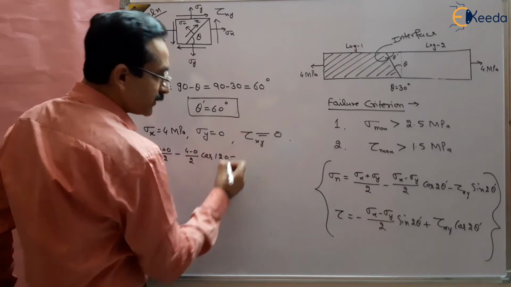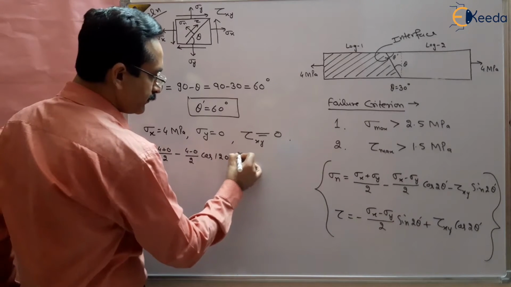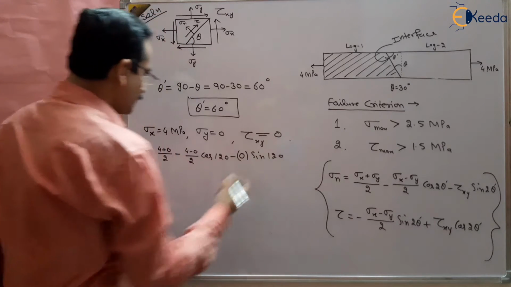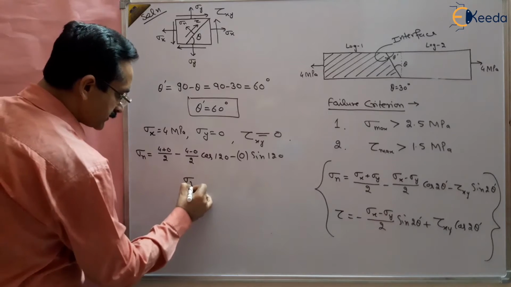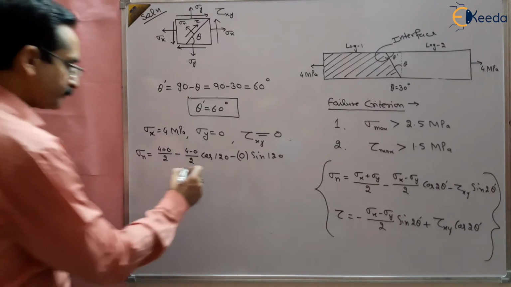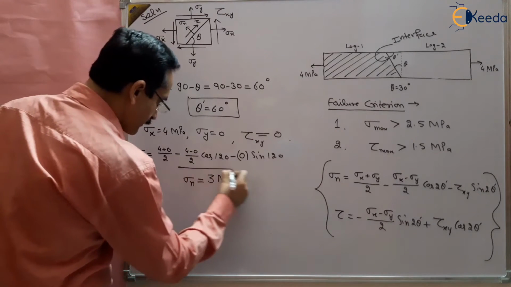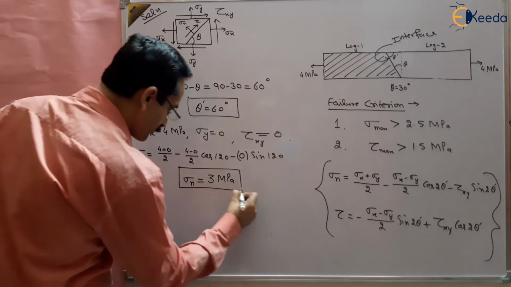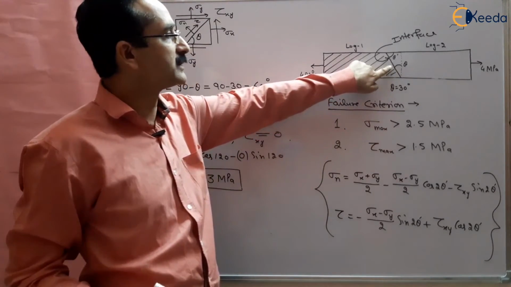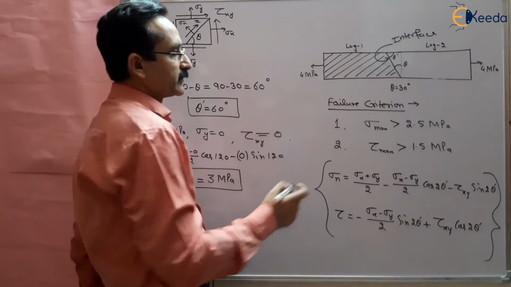And minus tau, tau is 0. Solve it and you will get the normal stress, and the value of normal stress will come out to be 3 megapascal.